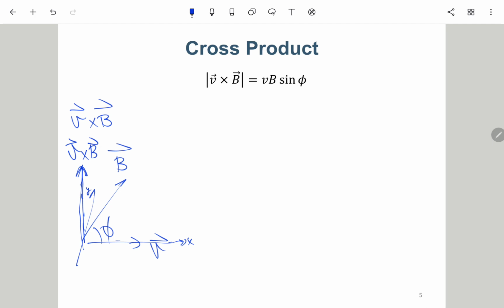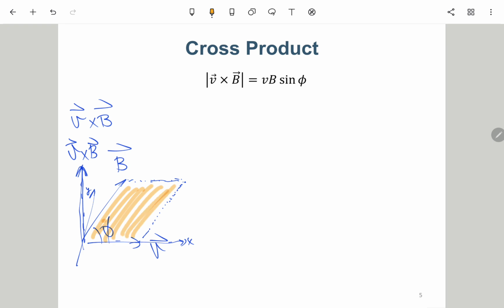So what is the magnitude of V cross B? V cross B will be this parallelogram, the area of this parallelogram.